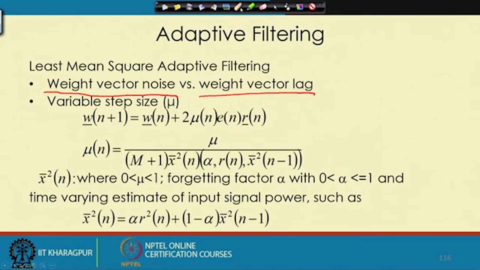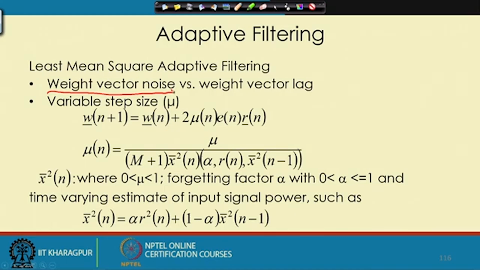On the other hand, if we increase the value of mu, what will happen? The updation would be faster. Let us assume we have chosen it in such a way that it does not cause any problem in the stability of the filter.